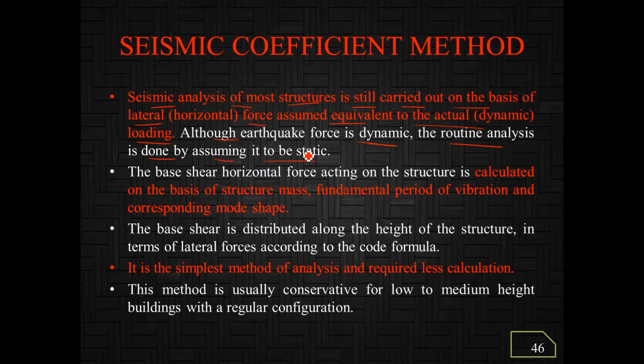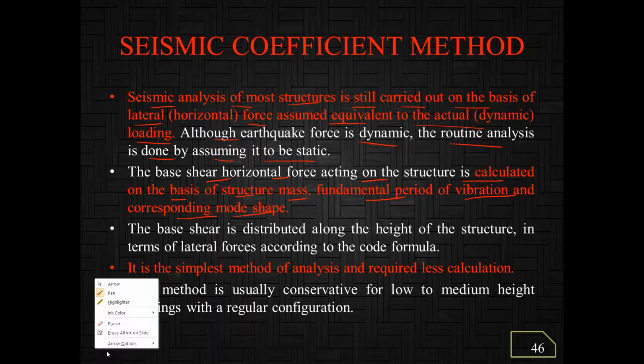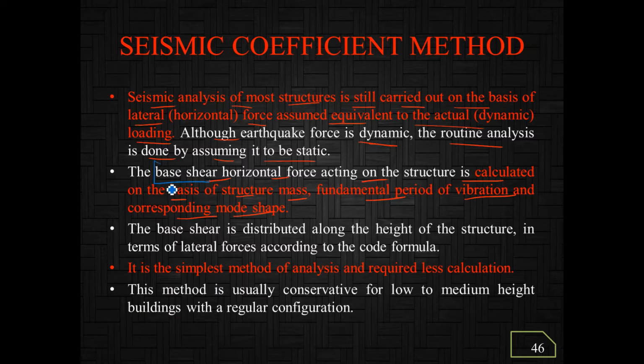The base shear, the horizontal force acting on the structure, is calculated on the basis of structural mass, fundamental period of vibration, and corresponding mode shape. So to calculate base shear, we have to determine the structural mass, fundamental period of vibration and corresponding mode shape. By these values we can calculate base shear.